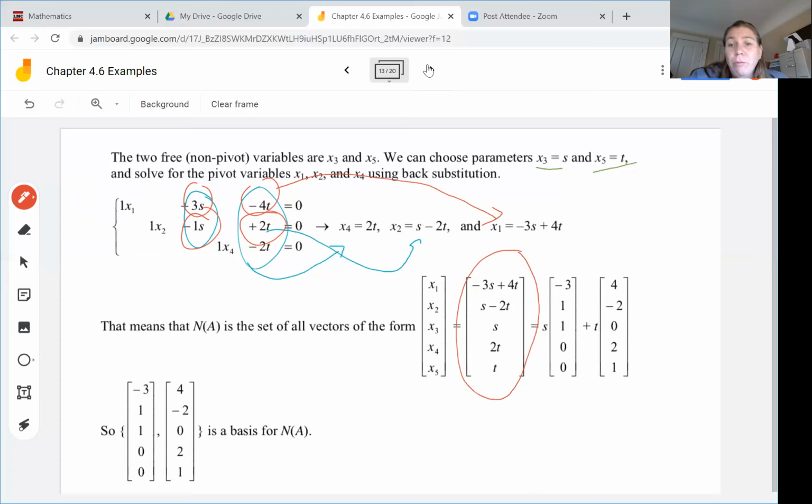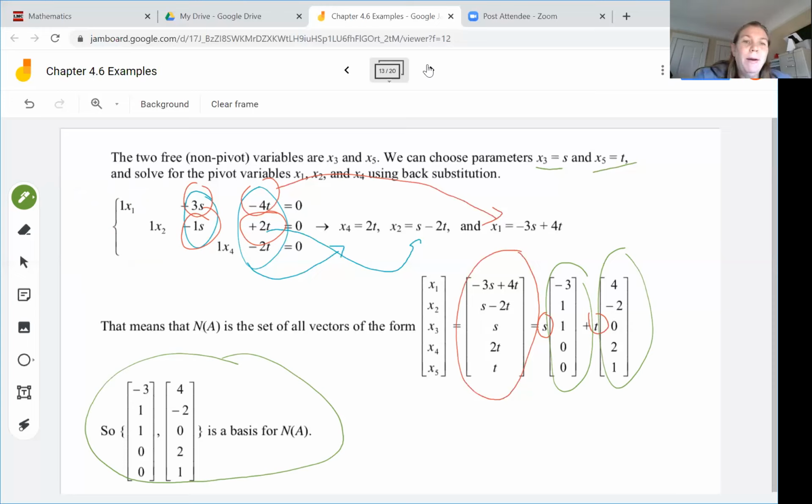All right, so then when we form our basis, we can pull out the s and the t, and the basis is the two vectors associated with the coefficients for s and t. So our basis for the null space of A is the column vector (-3, 1, 1, 0, 0) and the column vector (4, -2, 0, 2, 1).